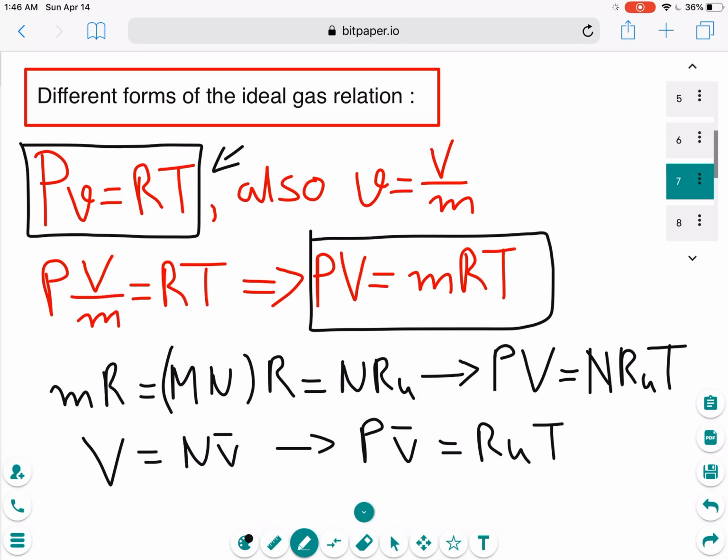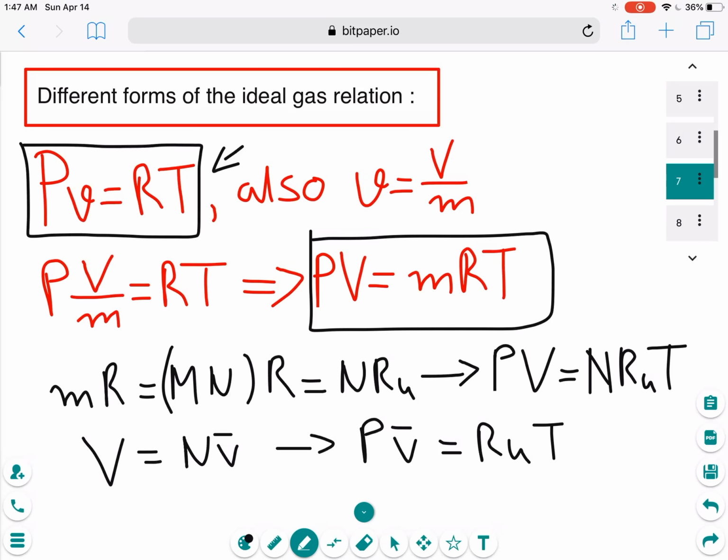And in black we have two other equations that use M, molar mass, and N, which is Avogadro's number. The equation looks slightly different, but it just takes some algebraic manipulation, and these equations can easily be obtained.